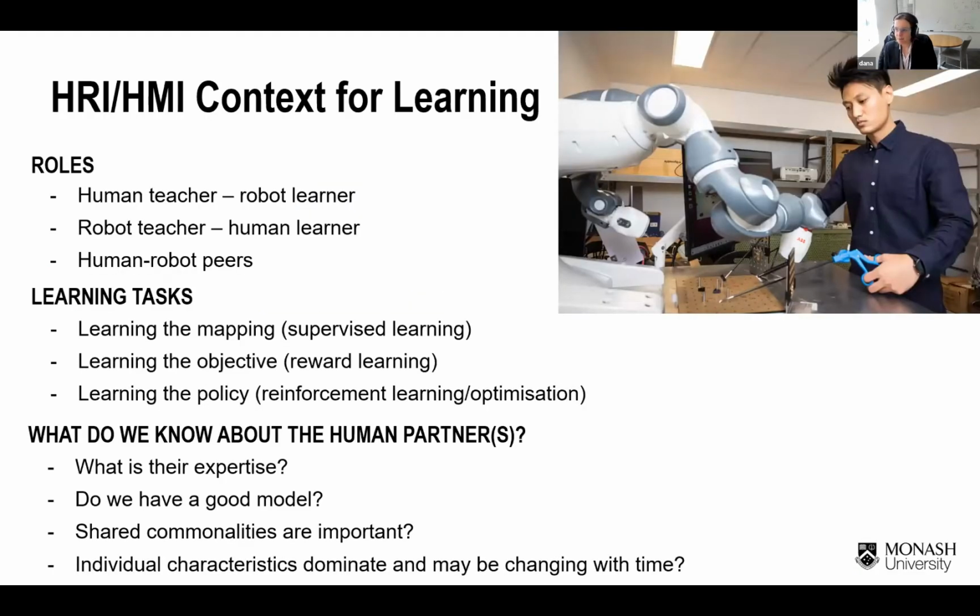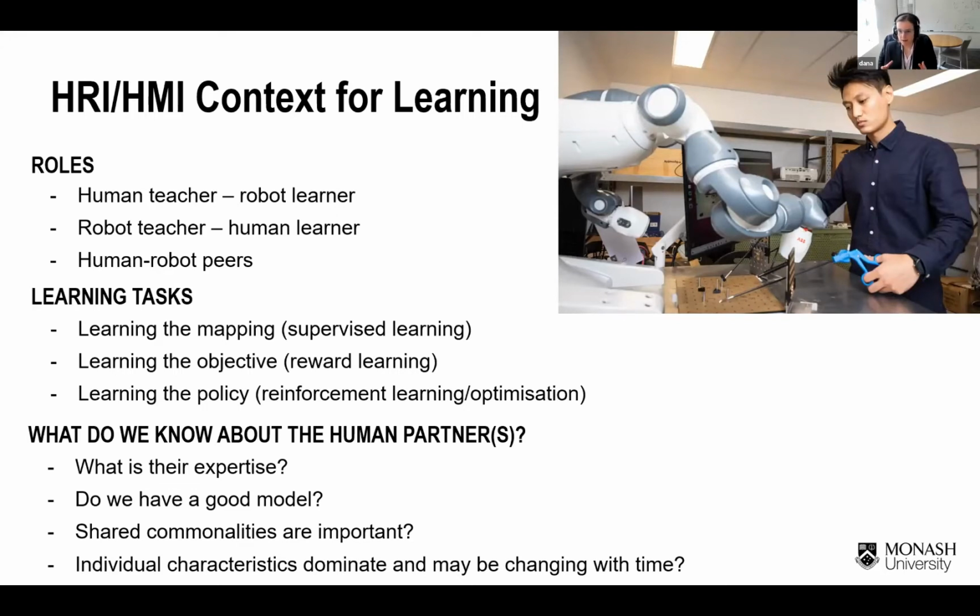Before starting, I'd like to highlight the importance of context when we're developing learning approaches that are targeted to human-robot interaction or human-machine interaction applications. There's a lot of different context variables that will influence what algorithm is an appropriate choice.